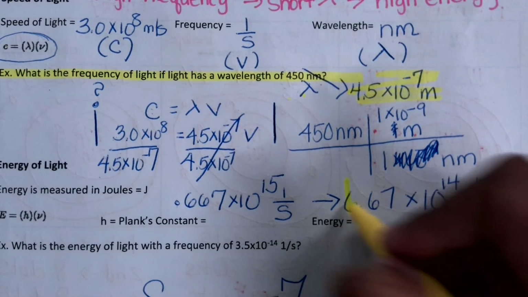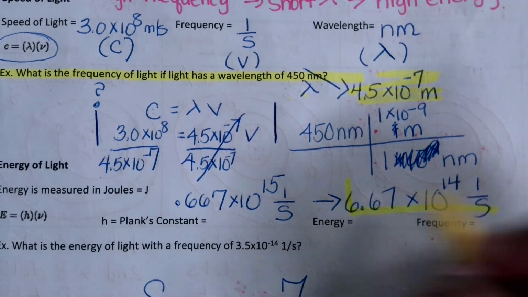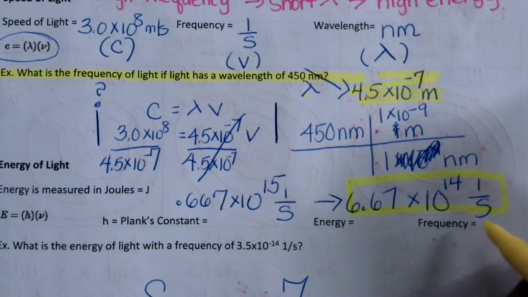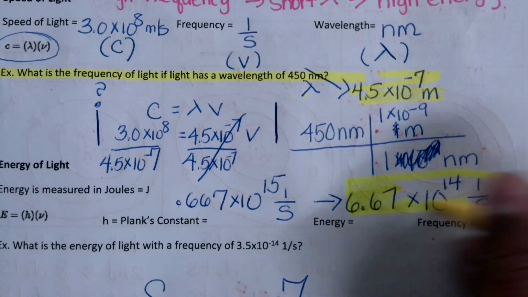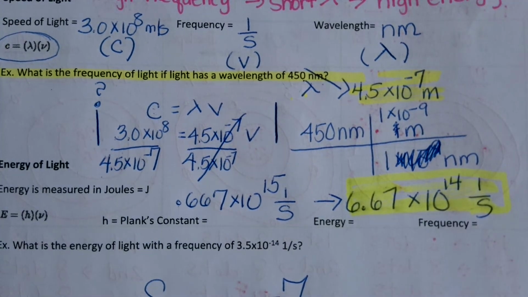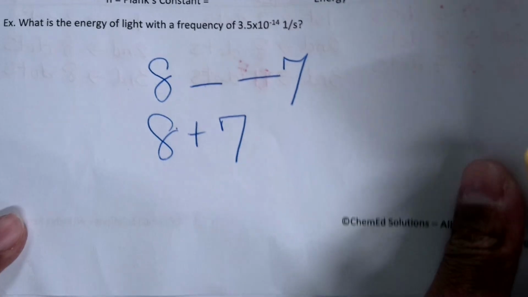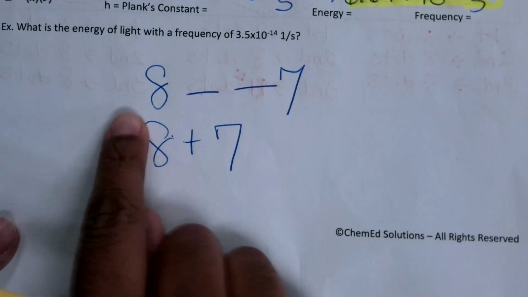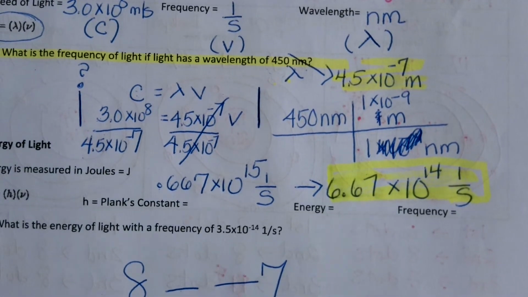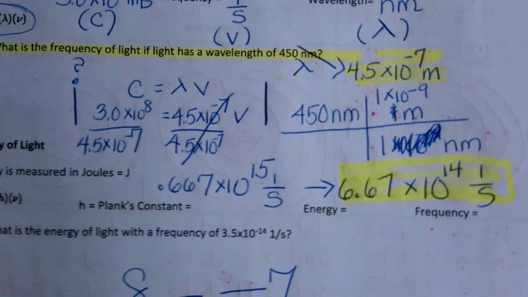This is why I feel bad for math teachers, because I can't imagine having to just teach math. Oh, we did, because down here the bottom was a negative 7, so it made it positive. I'm going to leave this right here for a sec.